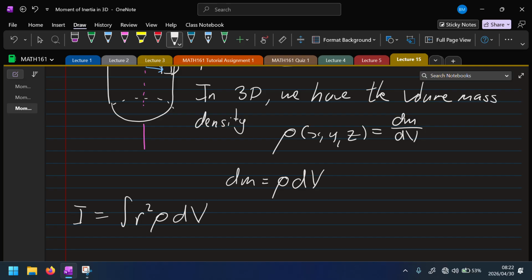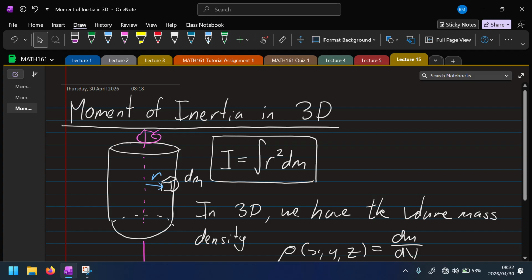Let's work it out for what we have here. So we've got a cylinder, and notice we're interested in this radius going out, right? Because each of these masses will be going around, that's your hint, around the axis with some radius. So which method should we use?